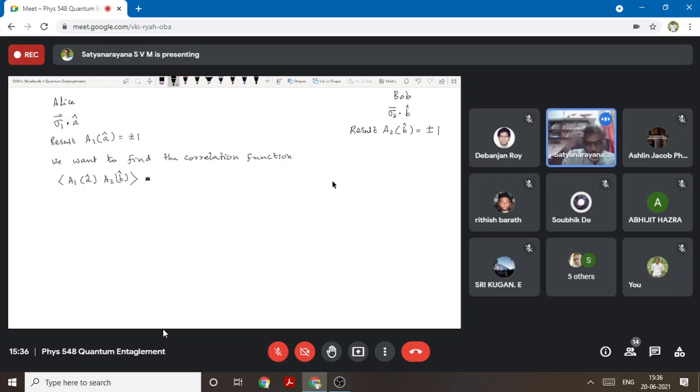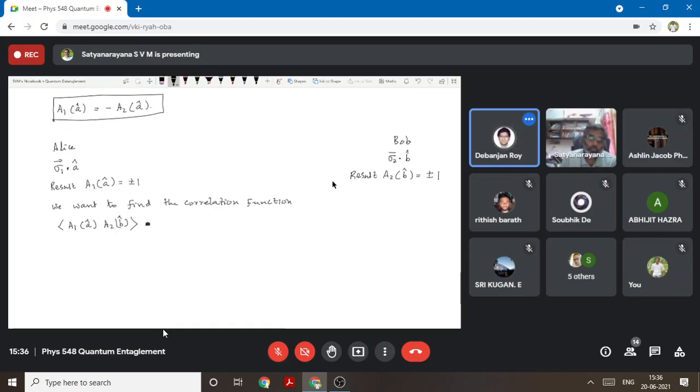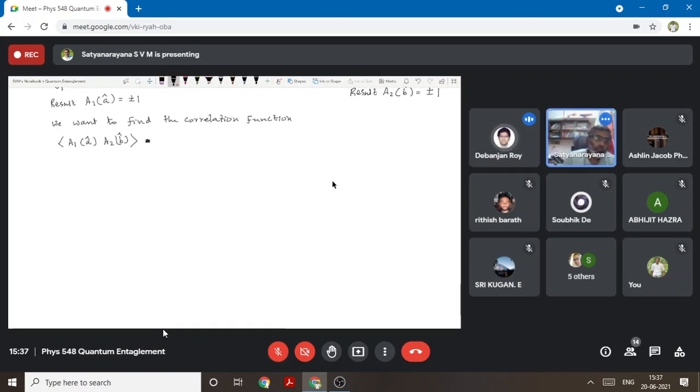I think I didn't understand your question. Can you repeat? Yes, sir. If we take identically prepared systems, like an ensemble, and we carry out measurements of both sigma 1 dot a and sigma 2 dot b. No, not this question, the previous one. Any kind of measurement, and the same measurement in all the systems.